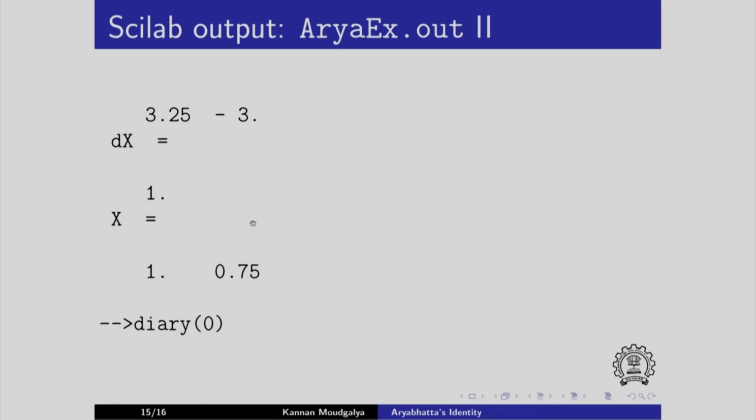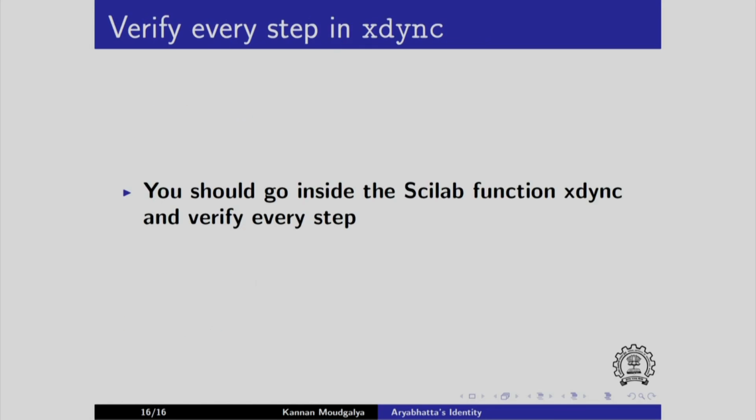I would like you to go through this and verify the results are correct. More importantly, you should go inside the Scilab function x dy nc and verify every step. This will help you understand how we get each of the steps that we arrived at when we worked with the example by hand.